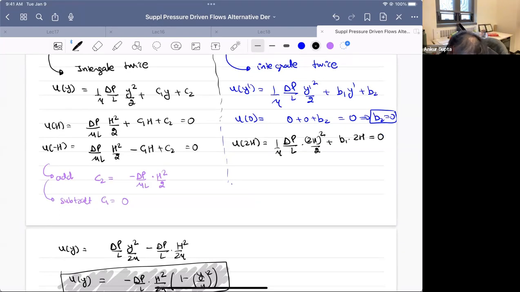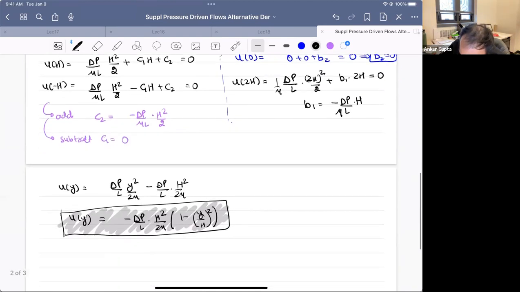So this implies that b1 is equal to minus delta p by mu L into h. I believe this is what you get. Let me just verify this. Yeah, that's what you get, minus delta p by mu L h. And so that's our b1.